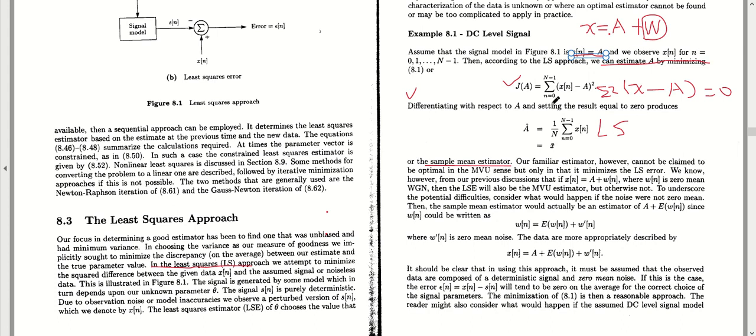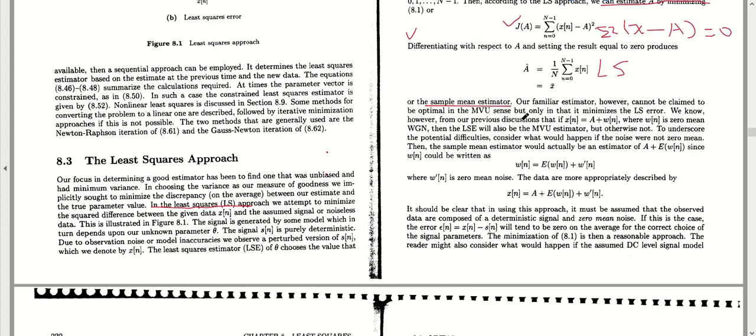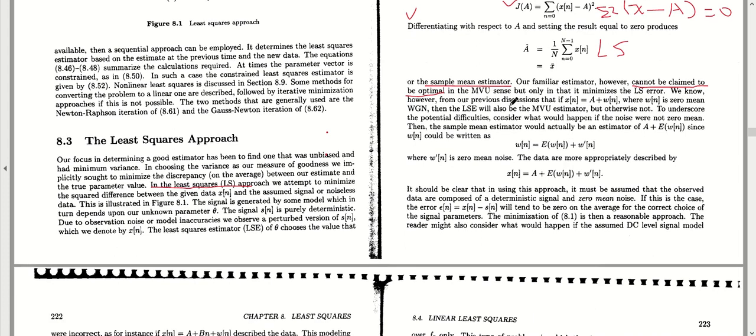No, right? That's what I want to emphasize. Even though we are getting the outcome of the estimator, we have not talked about the statistics of the noise. That's the good thing about it. Also the bad thing about it, because it cannot be optimal.